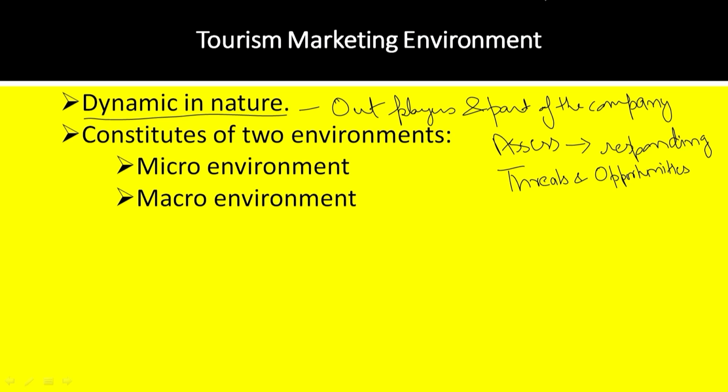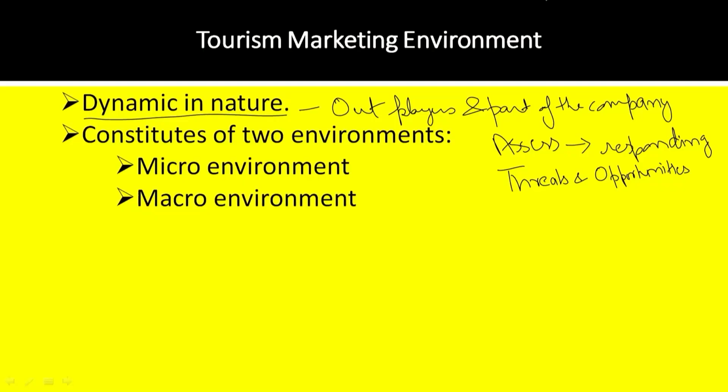So, analysis, finding out factors, what are the changes which have come up, and then responding to these changes is very important for the sustainability of the company by maintaining good relationships with each and every stakeholder at each and every level.